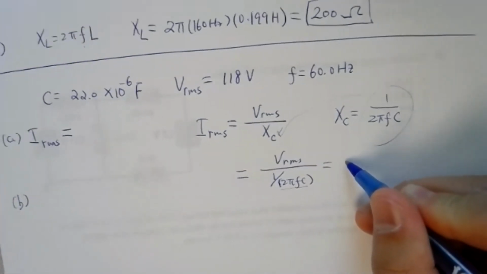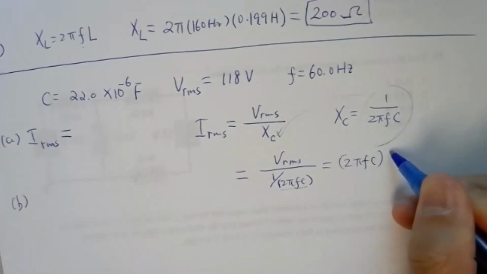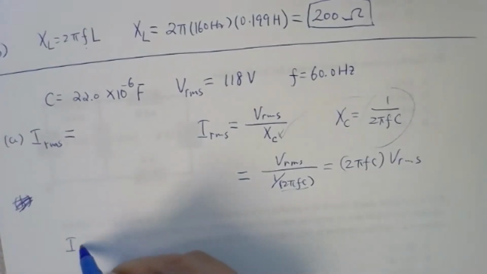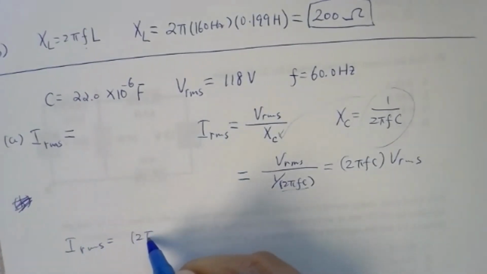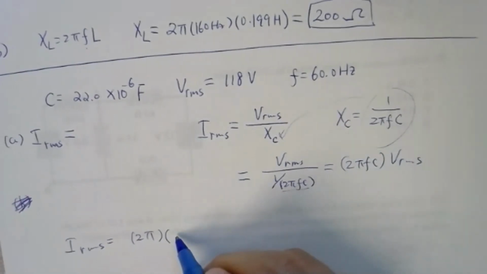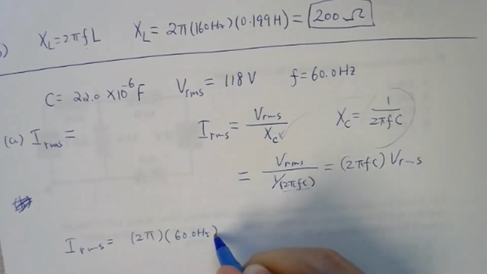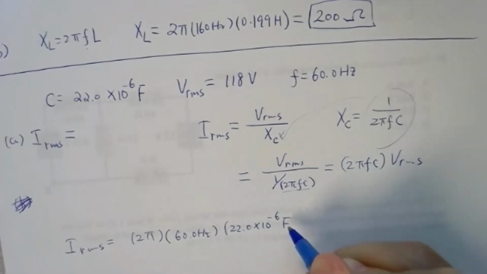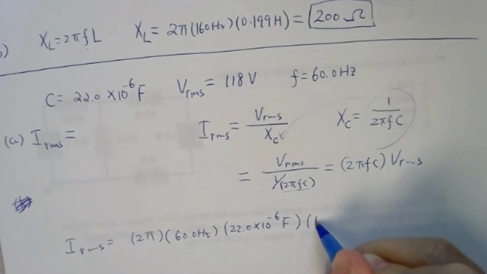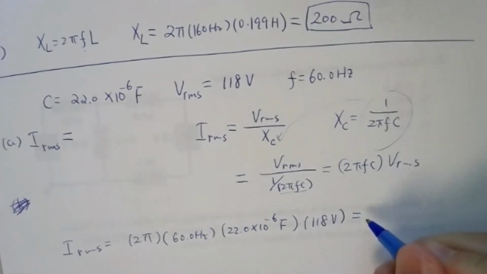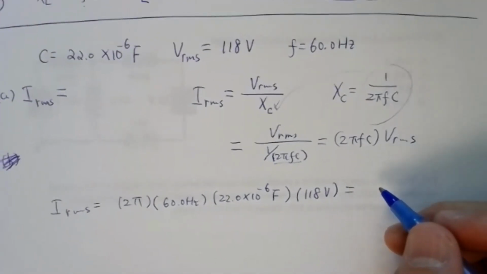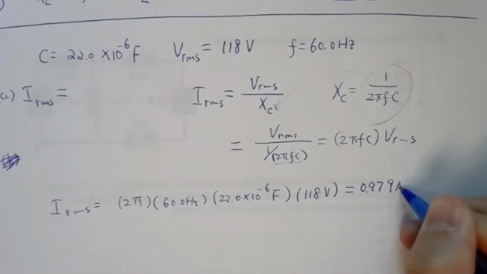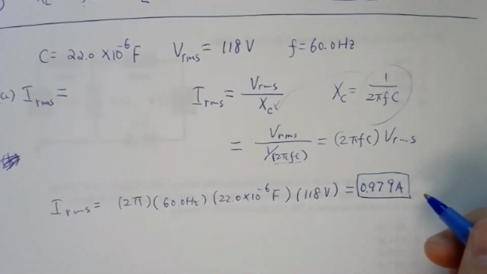So it'll be 2 pi f C times V RMS. Then I can plug in the numbers. I RMS will be equal to 2 pi times the frequency, 60 hertz, times C, 22 times 10 to the minus 6 farad, times my 118 volts. That's my RMS of voltage. This gives me 0.979 amps. So that's my I RMS.